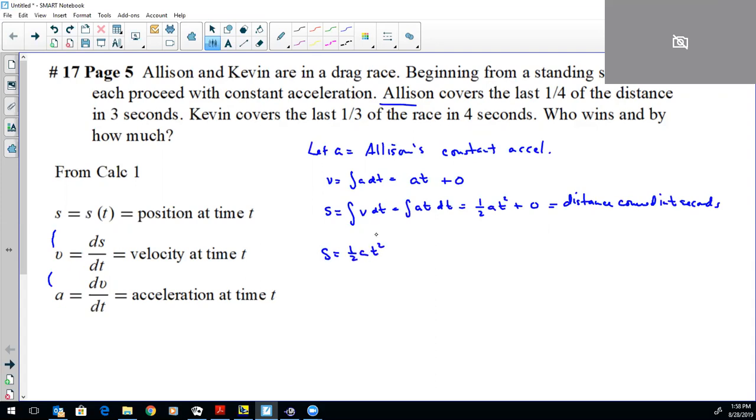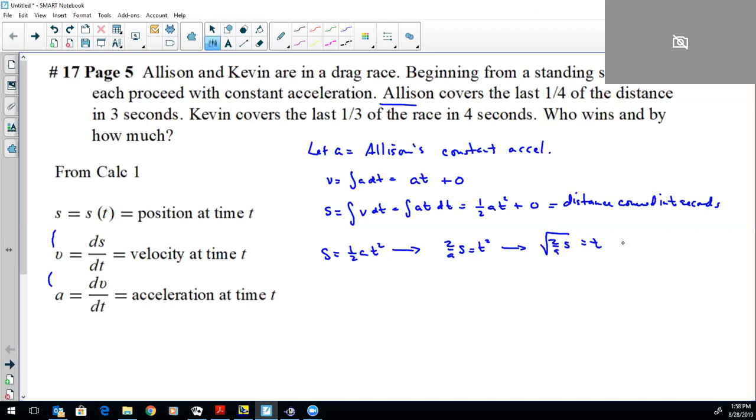Okay, let's solve this for t. If we multiply by 2 and divide by A, we're left with t squared. If we take the square root, t is the square root of 2s over A. So if you know the length of the drag strip and her acceleration, we can figure out how long it took her.